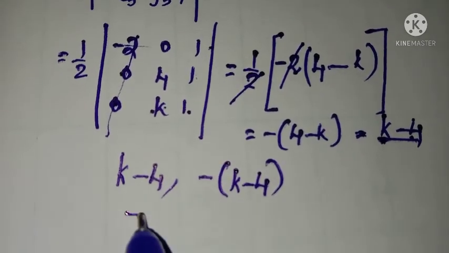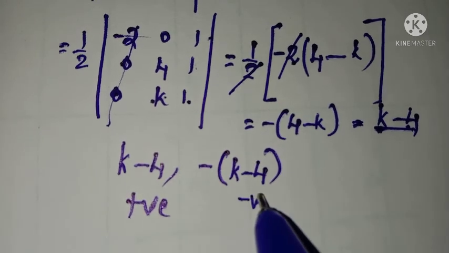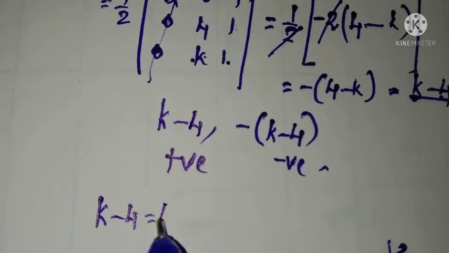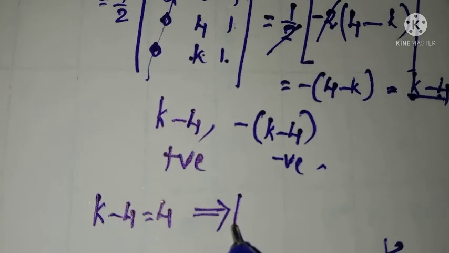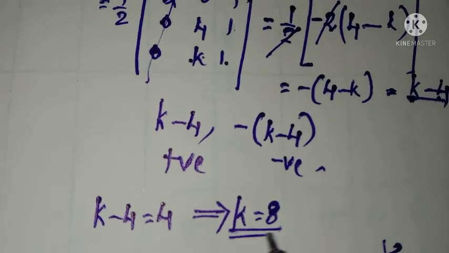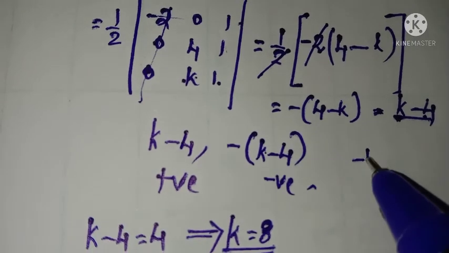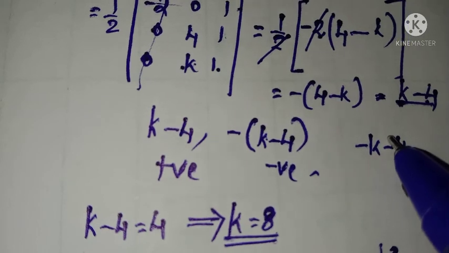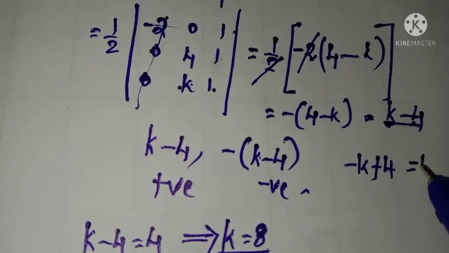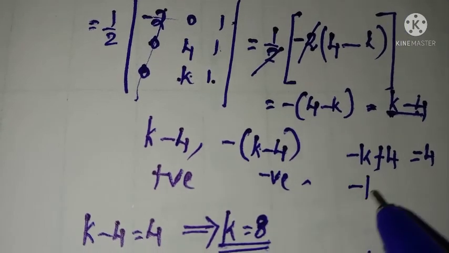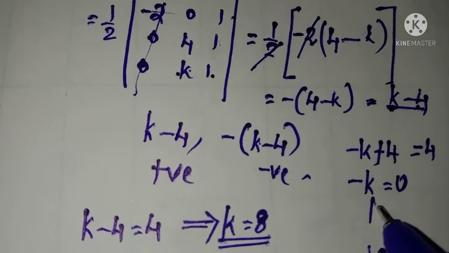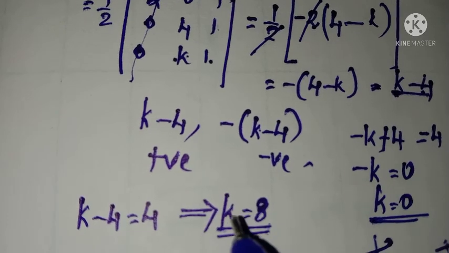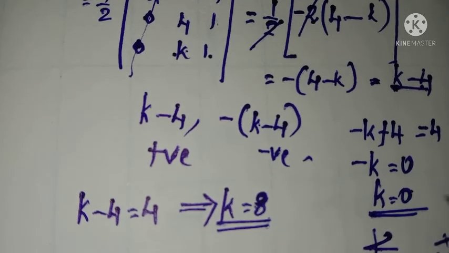This is the meaning of both the positive value and negative value. When k minus 4 is equal to the area 4, we get k is equal to 8. If we consider the negative value, minus of (k minus 4), or minus k plus 4, equal to 4, we get minus k is equal to 0, or k is equal to 0. Anyway, the values of k are 8 and 0.